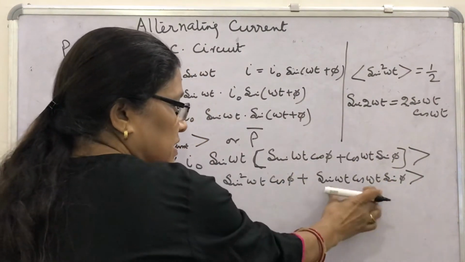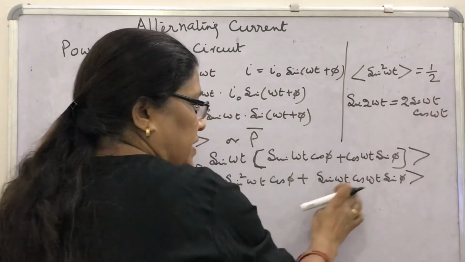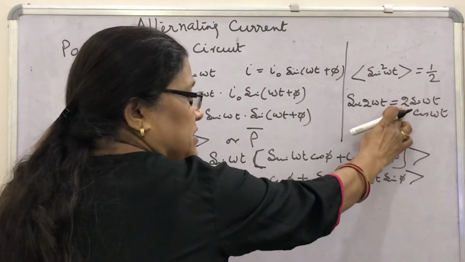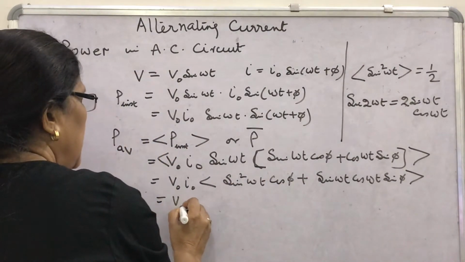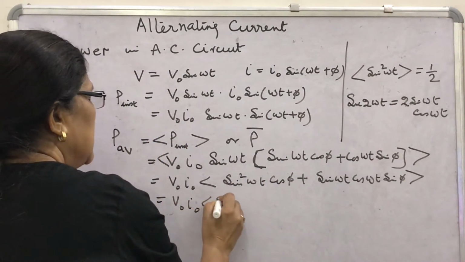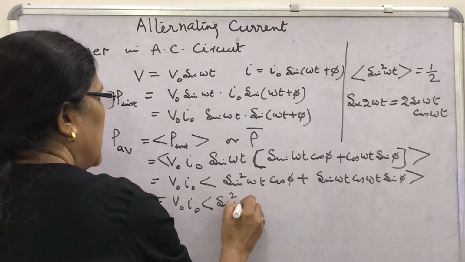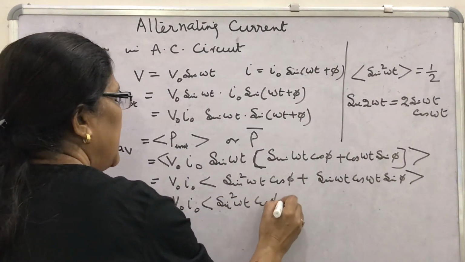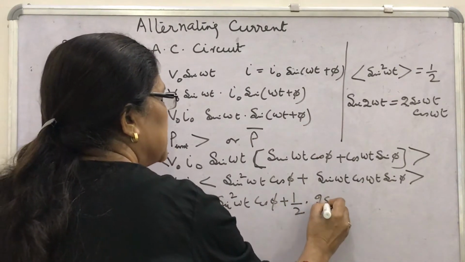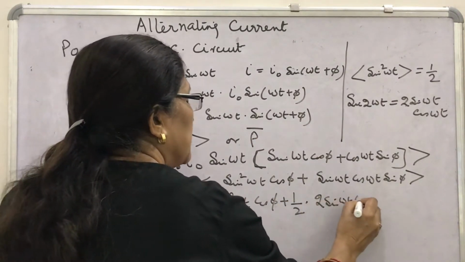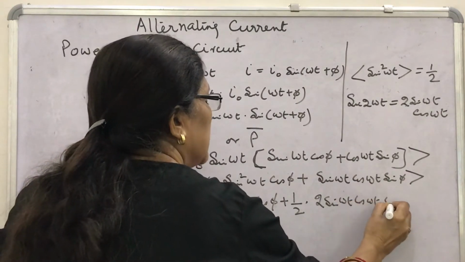Then if in this expression we have sine omega t cos omega t, here 2 is not there. So what can you write here? In one line you can write here, this is sine square omega t cos phi plus half into 2 sine omega t cos omega t and sine phi.